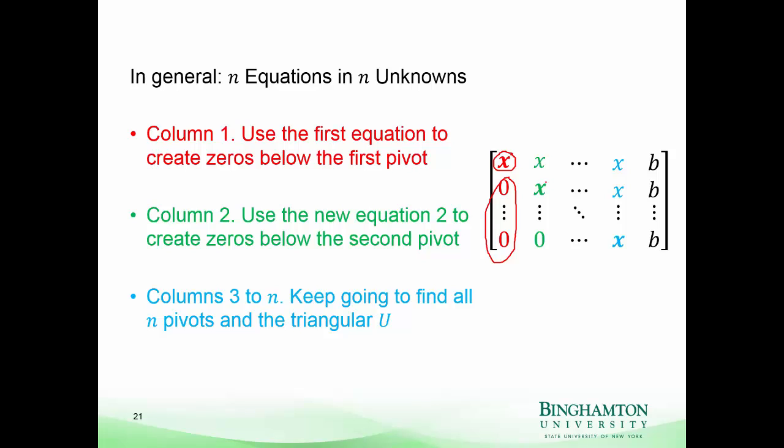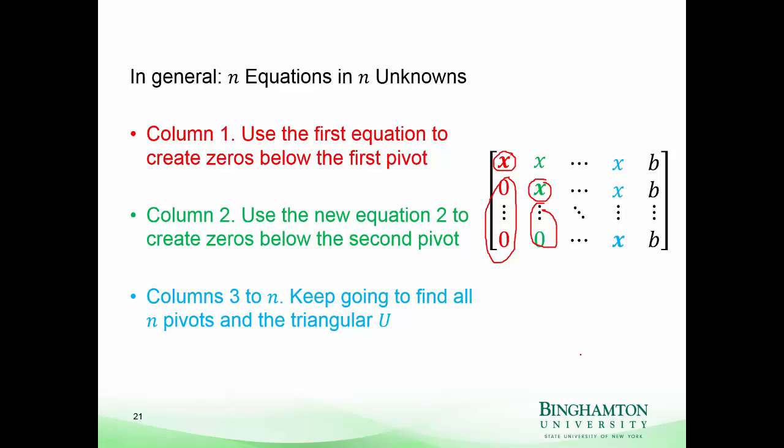Then I look at the second row, and I should have a number that's in the second position in the second row, and that will be used to zero out everything below that, and so on and so on and so on.